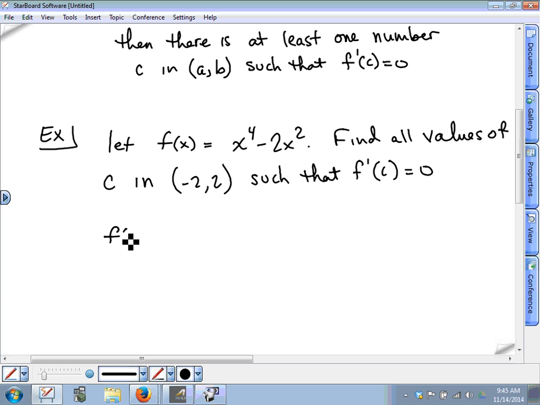What is f of negative 2 and what's f of 2? F of negative 2 is 16 minus 8, which is 8. And f of 2 is 16 minus 8, which equals 8.